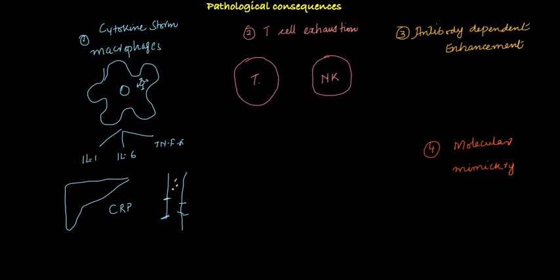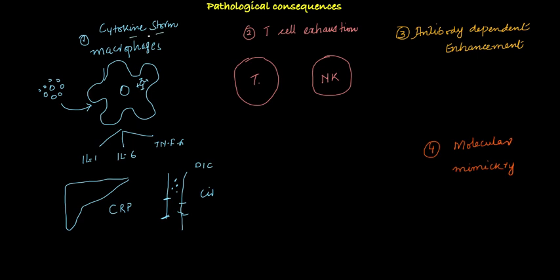The clotting mechanism is activated, so there can be disseminated intravascular coagulation, and they can also result in circulatory collapse. So this whole thing occurs if there is increased viral load in the body. There are too many viruses. Persistent virus will trigger these macrophages, and a lot of cytokines are produced, and this is called cytokine storm.